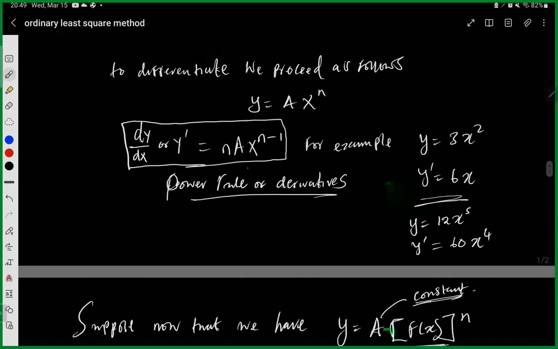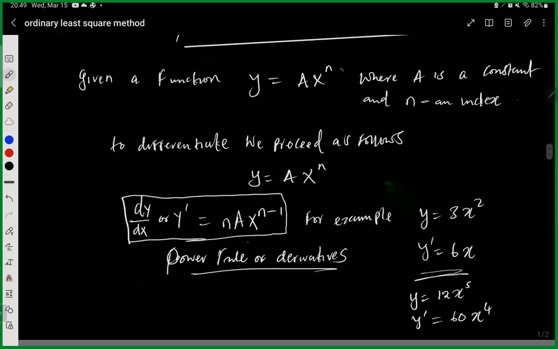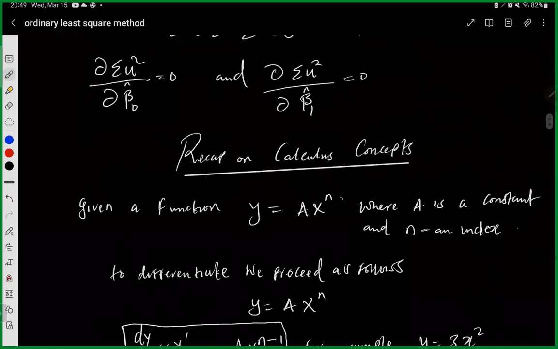So remember what we are doing here. What we're minimizing is this, and this symbol here just represents partial derivative.